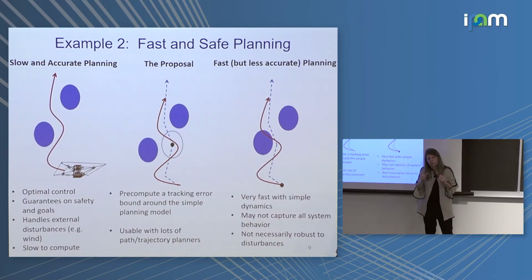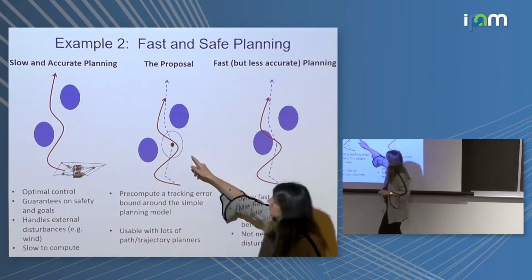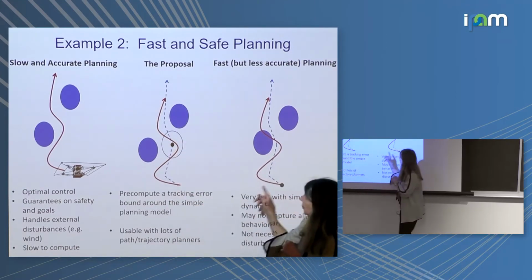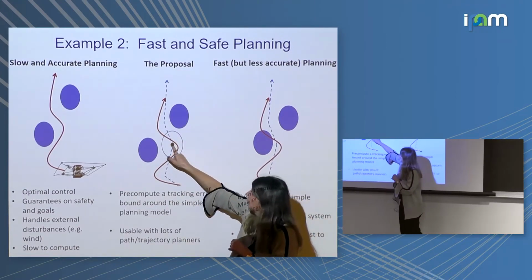And let's use reachability to compute the worst-case tracking error bound between those. And as long as you don't have obstacles, you're flying in free space, that computation is invariant, in the sense that you can perform that computation ahead of time, compute a tracking error bound, and then plan using a fast planner with your tracking error bound.